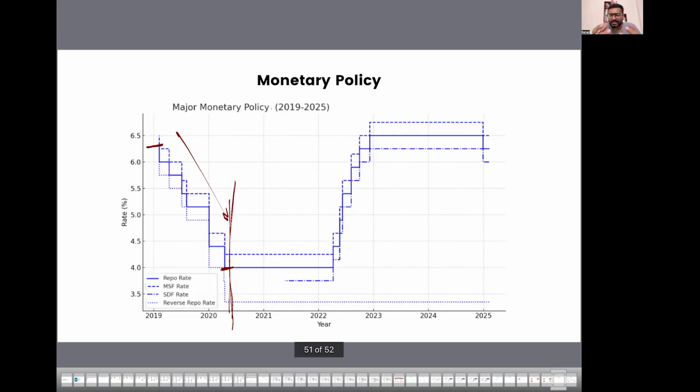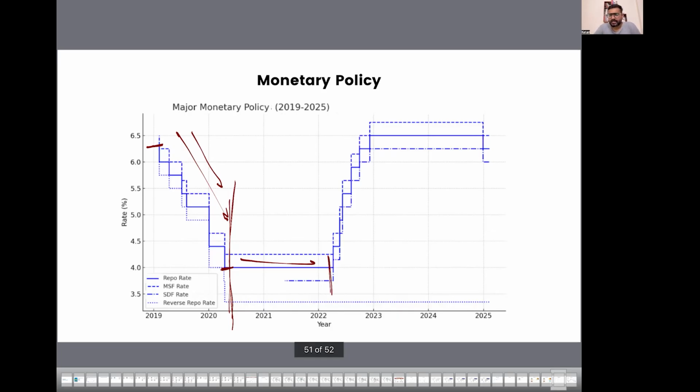We were not really concerned with the inflation rate at that point, and our prime goal was to increase the economic activities in the country. So we see the RBI adopting a very accommodative monetary policy during this time. Then the RBI kept the interest rate very low till at least early 2022.